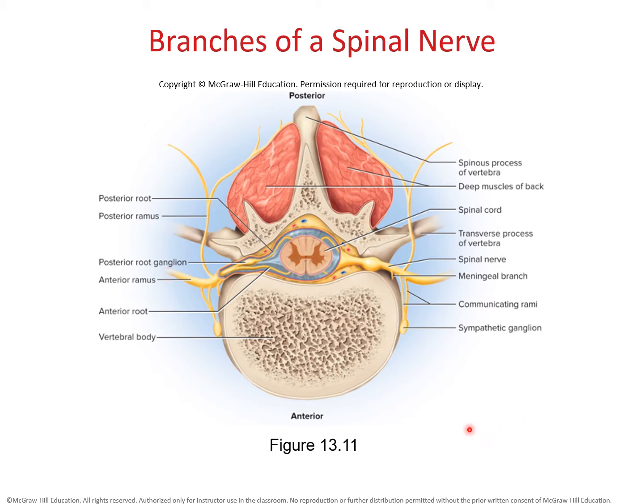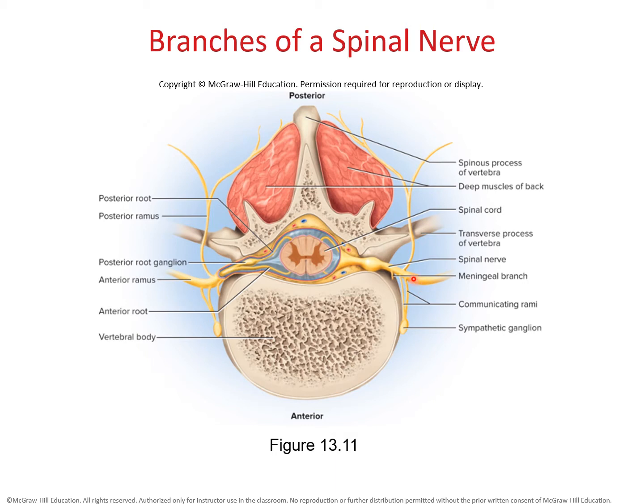What else do we see on this? We see the meningeal branch coming off of the spinal nerve. The meningeal branch actually is going to re-enter the vertebral canal. It's going to innervate the meninges. It's going to innervate the vertebrae.